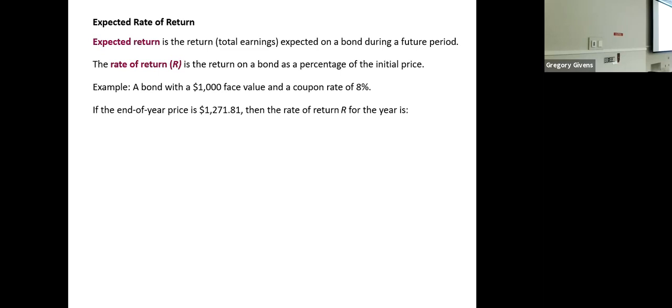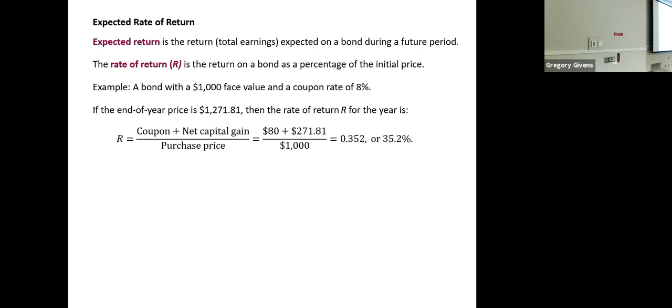It's the total return or income you get from holding that bond and then selling it at the higher price as a percentage of its initial purchase price. So in this case, your income from it is coming from two sources. If you hold the bond for 1 year, you're going to get one coupon payment of 80 bucks, right? However, if you now sell the bond a year later at this higher price, you're going to have experienced a net capital gain, like we talked about earlier.